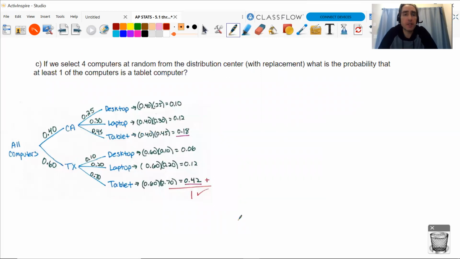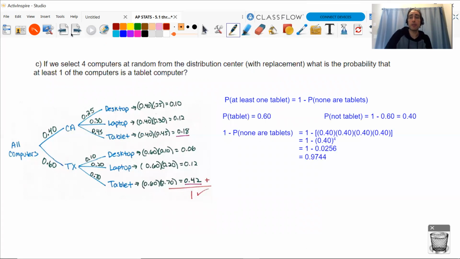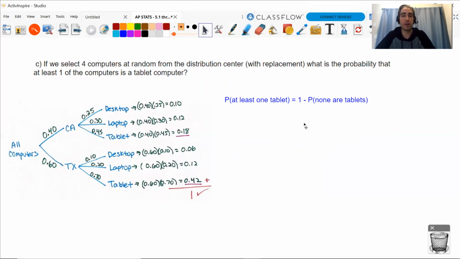Part C. If we select 4 computers at random from the distribution center without replacement, what is the probability that at least one of the computers is a tablet? At least one. The probability of at least one is 1 minus the probability that none are tablets. So let's think about where none are tablets in this scenario. 60% are tablets, 40% are not tablets. We're selecting 4.